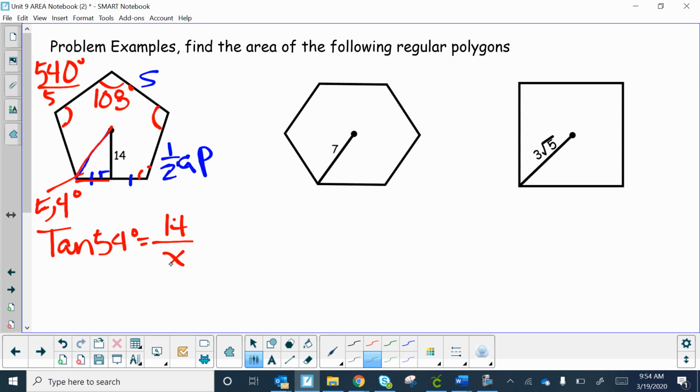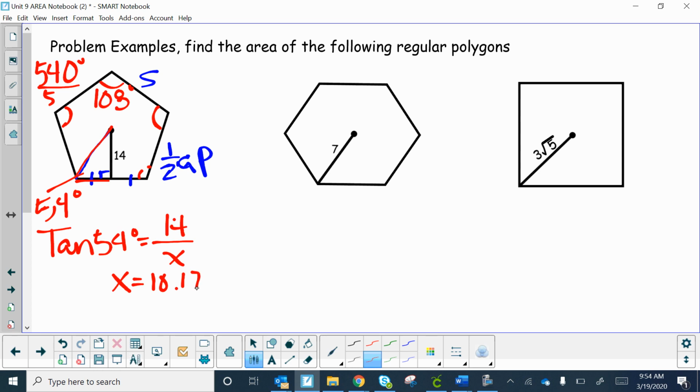So I need to use my calculator to figure this out. I have 14 on top, so I'm going to do 14 divided by tangent of 54 degrees. I'm using my iPhone calculator. So this little piece right here, which I represented as x, is 10.17.